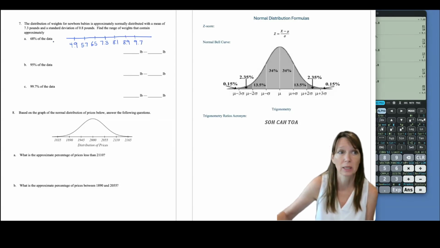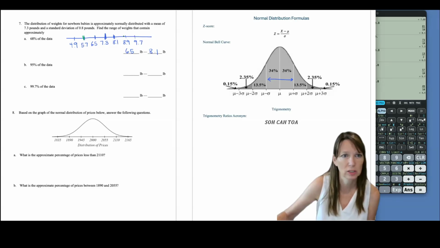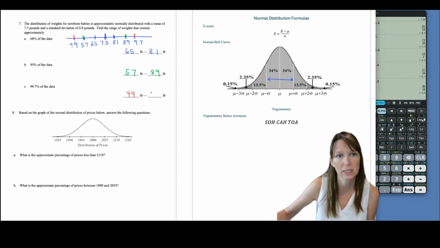So 68% of the data falls within positive and negative 1 standard deviation. In this case, that would be my 6.5 to 8.1. 2 standard deviations is going to be my 5.7 to 8.9. And then 3 standard deviations is going to be babies weighing between 4.9 pounds and 9.7 pounds.